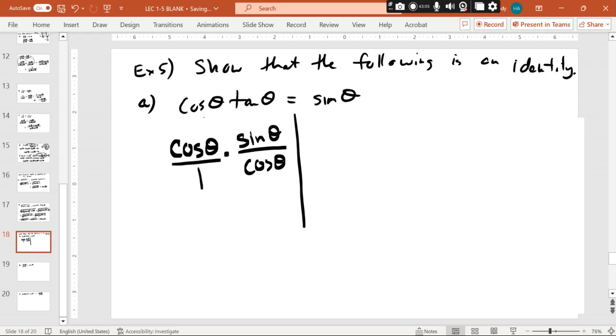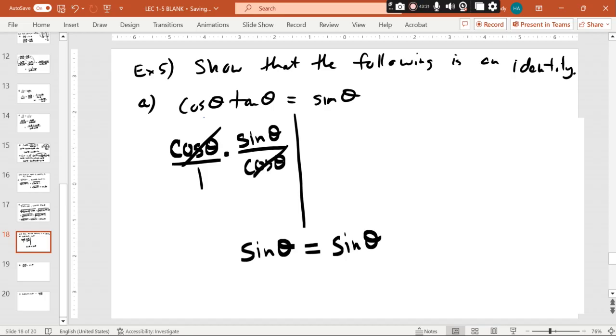And what do you see happen? The cosine thetas are gone. I am left with just sine theta. And I can bring this down, sine theta. And then I get to put an equal sign here. There's my equal sign. That's why I left a little room and didn't put the bar line all the way down.